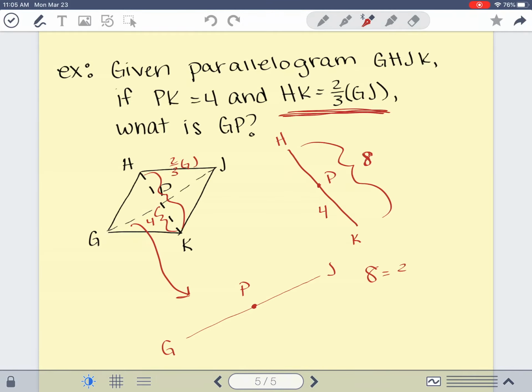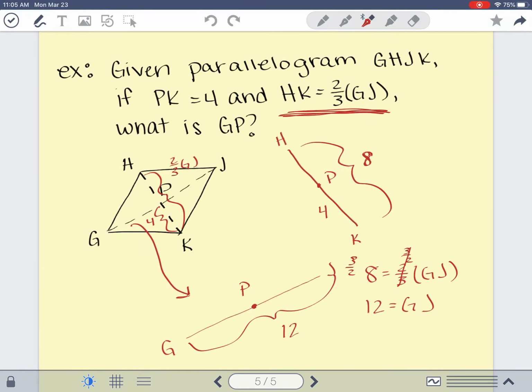So if I plug that in, if I say 8 is equal to 2/3 of GJ, in order to get rid of this 2/3, I multiply both sides by the reciprocal. So I multiply both sides by 3/2. 8 times 3 is 24. Divided by 2, you get 12. So GJ is actually 12.